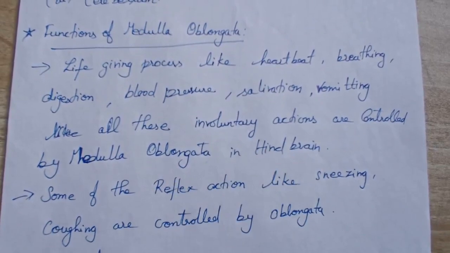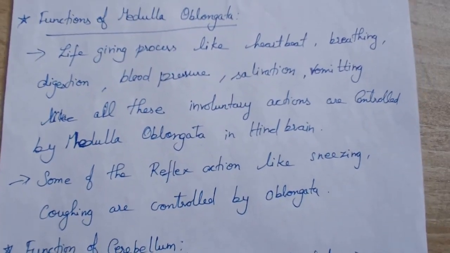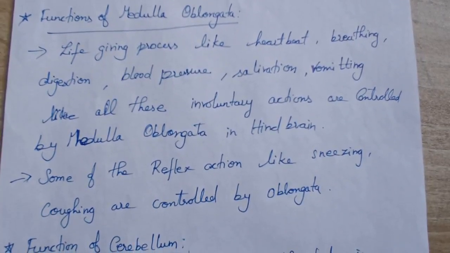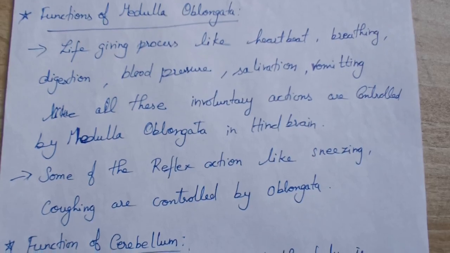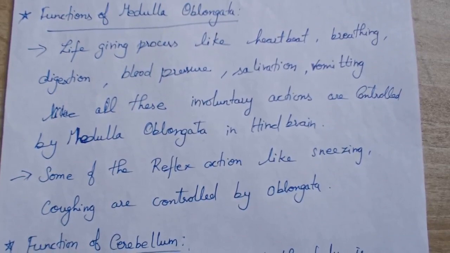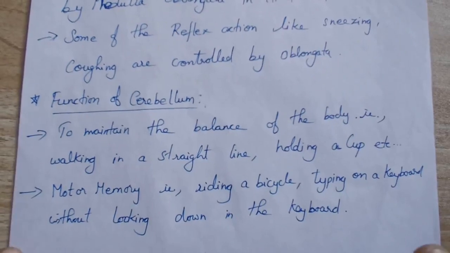And some of the reflex actions. You know that reflex actions take place in the spinal cord itself; the response comes from the spinal cord. But some reflex actions like sneezing and coughing are controlled by the medulla oblongata. Next, functions of the cerebellum. It maintains the balance of our body, right?